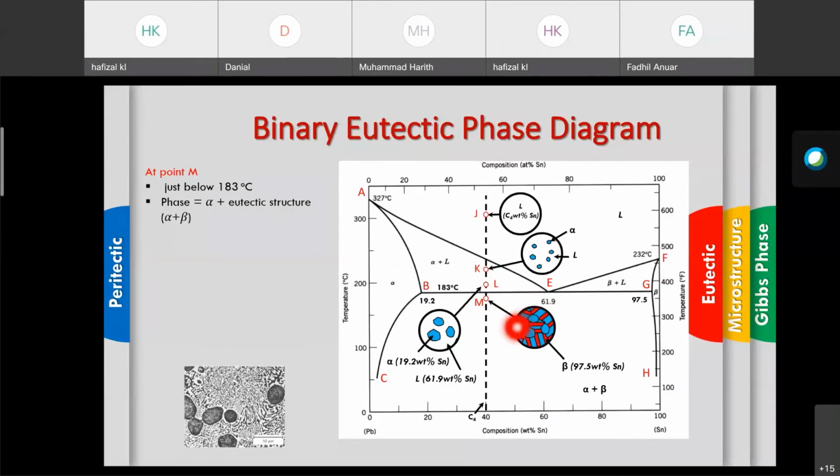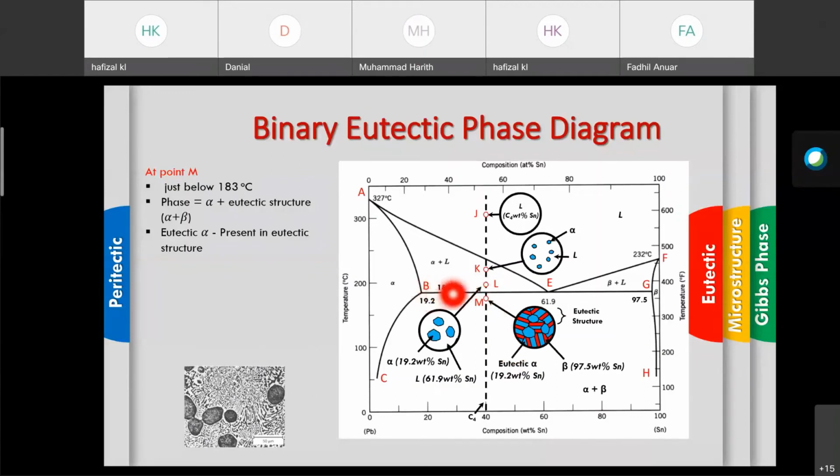We can also see there is a bigger circular area, and also the lamella structure happens here. And then we have what we call the static alpha. The value is 19.2. We can get the value at this point.